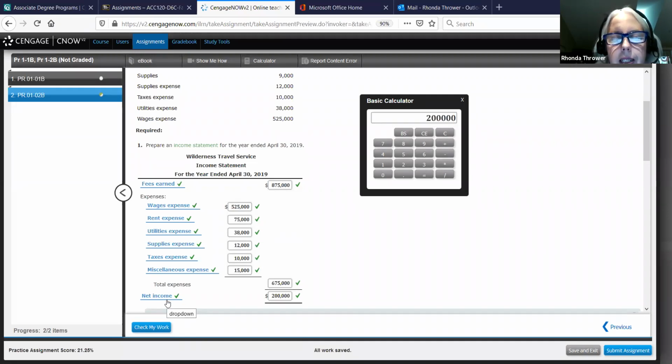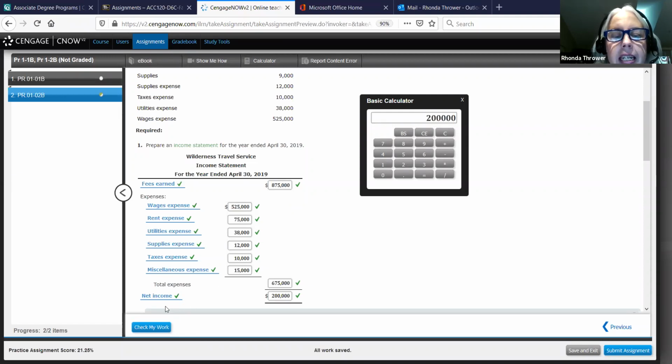It increases owner's equity. If our expenses had been larger than our revenue, this name here would have become net loss. And net losses will decrease your owner's equity because the expenses which decrease owner's equity are larger than the revenue that will increase owner's equity.